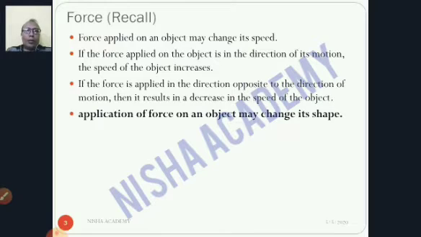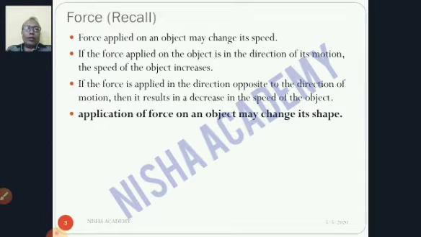Force applied on an object may change its speed. Here we are talking about the state of the object, whether the object is at rest or in motion. If force is applied on the object, it may change its direction of motion.